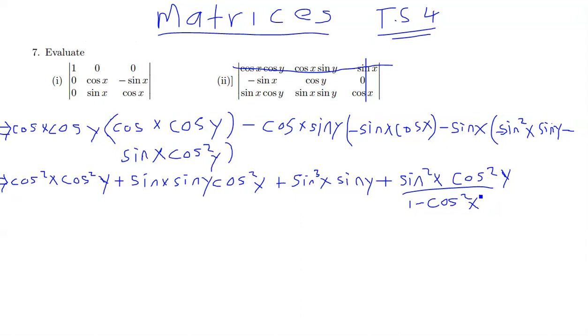So I'm going to have something like that. I just want to simplify it right here. So I'm going to put my 1 minus cos squared x here, cos squared x in brackets.